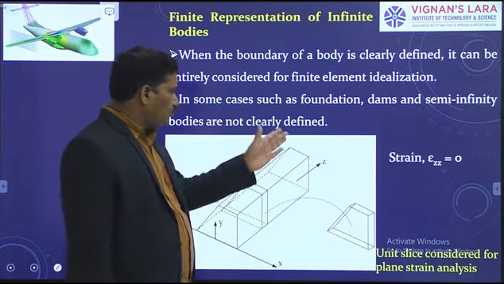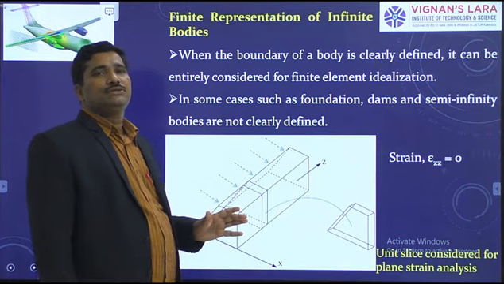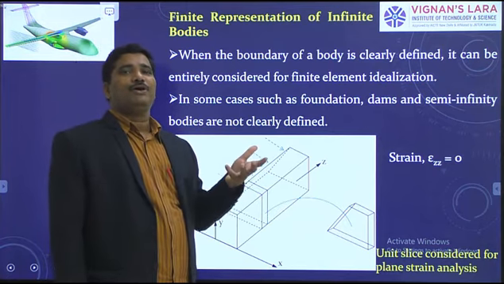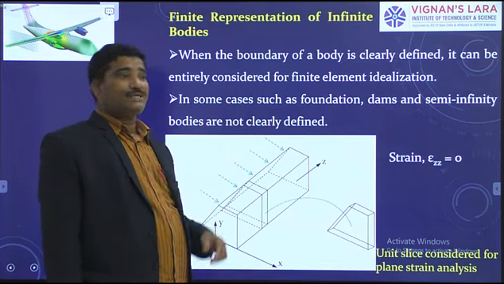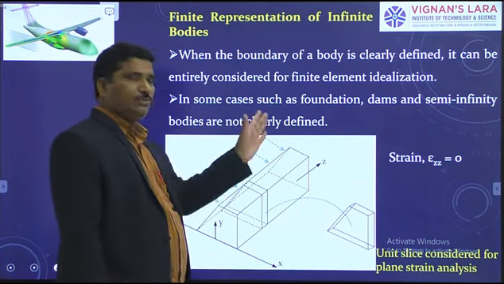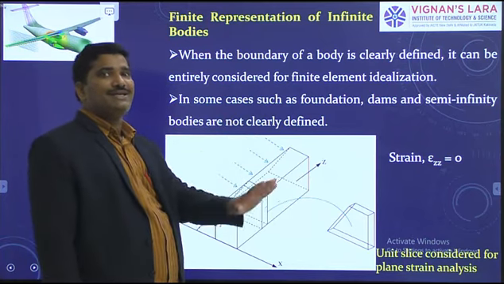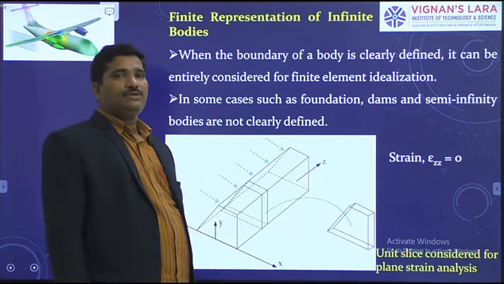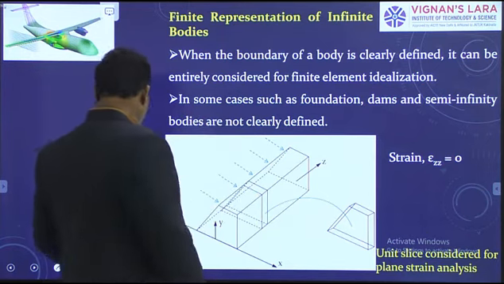When you take the whole domain and discretize into finite elements and solve the problem, it takes more time to give the solution. Instead of taking the whole domain, if you take a unit slice and solve the problem as a plane strain case, you get the solution in lesser time. Okay?